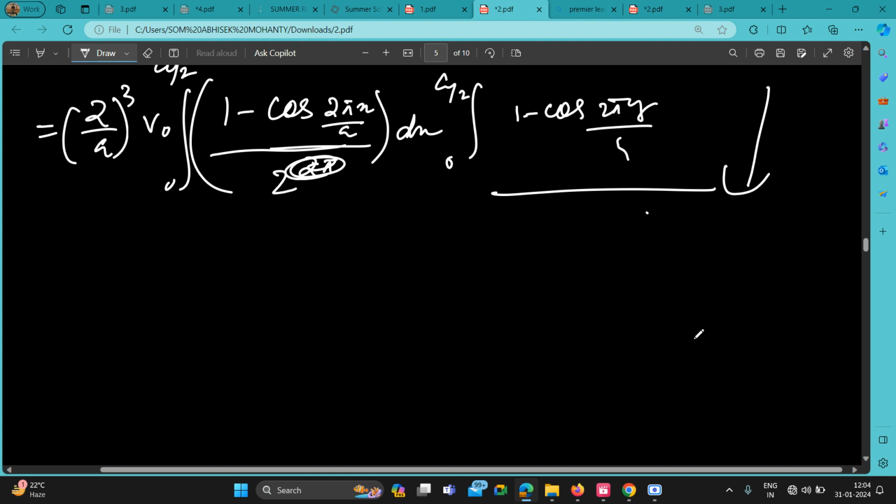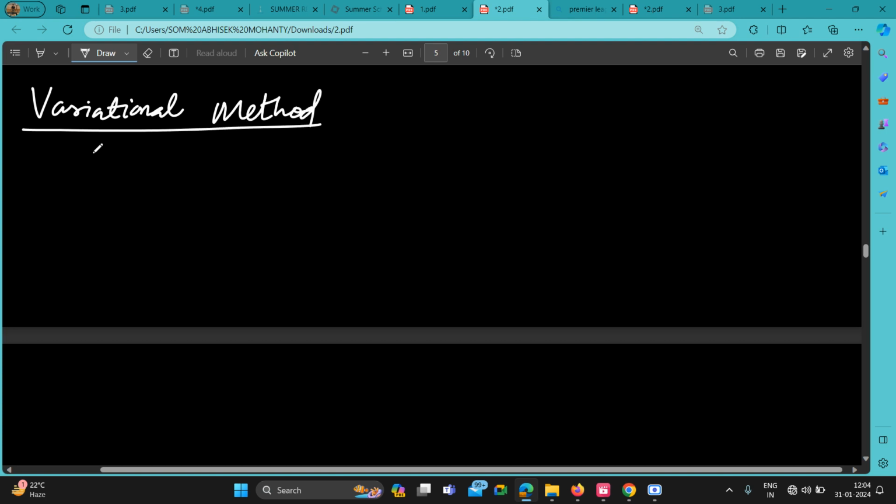Next, write down. Next is the variational method. In the variational method, what we have to calculate is E_GS is equal to H minimum. Okay. So what are the steps? I will just write the steps and do one question so you will understand.